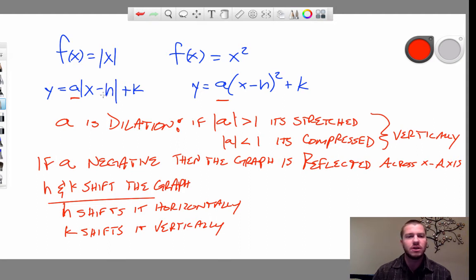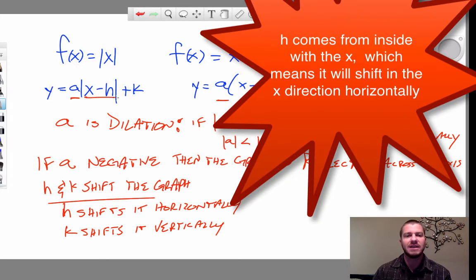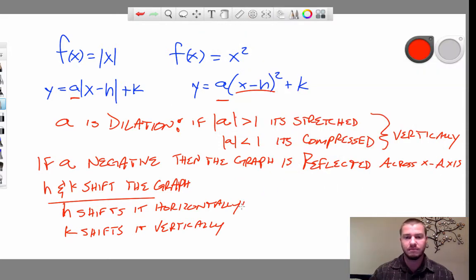So what you need to notice is that you get the h from what's inside with the x. In this case, it's inside the absolute value. In this case, it's inside the parentheses that is being squared. So you get the h from inside with the x, and because it's inside with the x, it's going to shift it in the x direction, left or right.